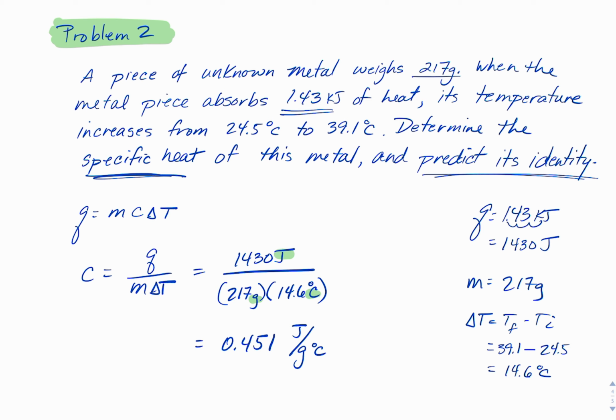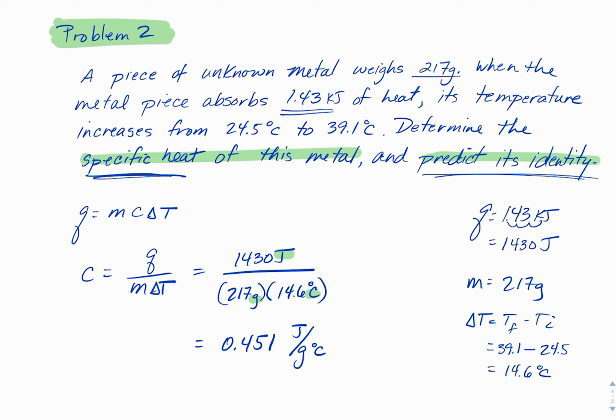So we figured out the specific heat of the metal. We've got that answer. But we need to predict its identity. So what kind of metal? Turns out that the specific heat capacity is specific to a substance.